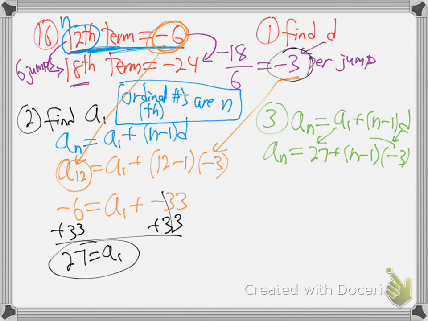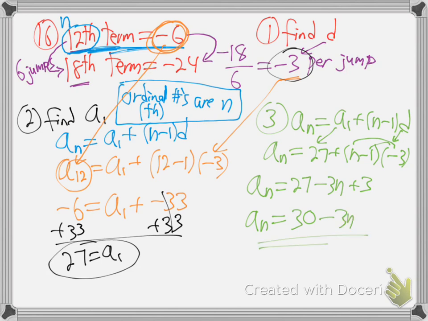And then that negative 3 distributes: 27 minus 3n plus 3, which is 30 minus 3n for the A sub n formula. And then you just do the recursive thing, which is the same as it was last time.